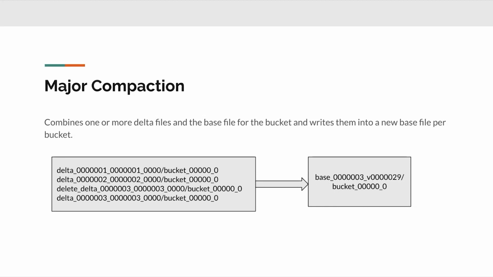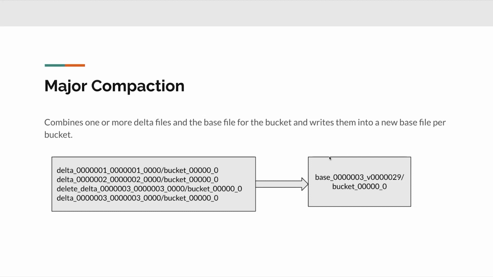So if there is an insert, update, the major compaction takes the latest version of row, say the latest update or delete, whichever. So it takes only the latest and puts into this base file. So all the previously executed transaction for the same row or the particular record, it gets removed.